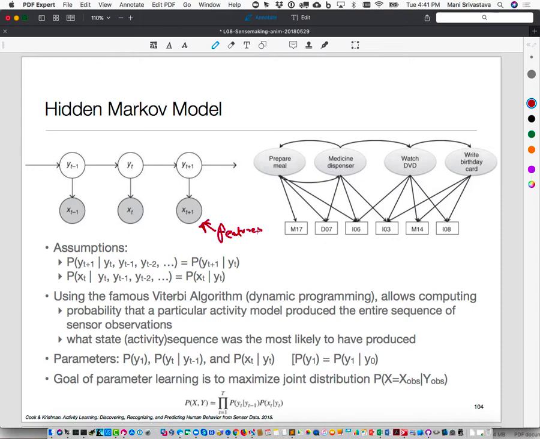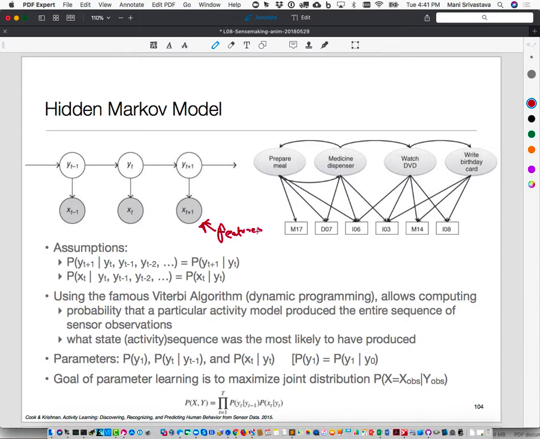And my goal is, given this sequence, to figure out what value y of t minus 1 had, what value y of t had, what value y of t plus 1 had, and so on. Is this clear to everyone? So again, I'm getting an observation which is a time series of vectors, and based upon those observations, I want to figure out the underlying time series of labels.